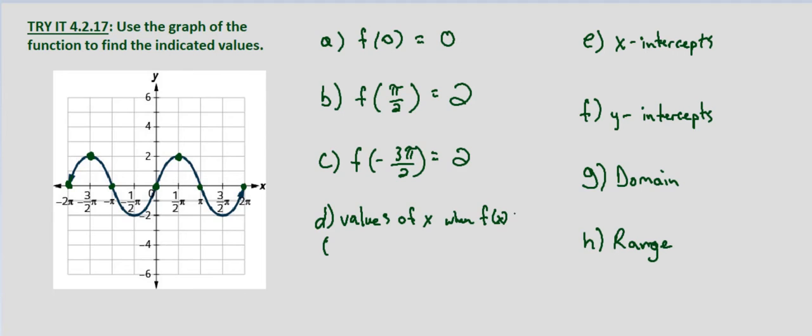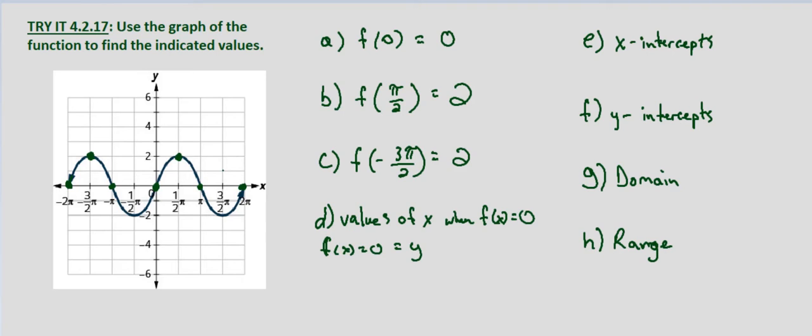Now, what are the values of x so that the function equals 0? Well, f of x equals 0 is the same thing as y equals 0. So where does this function equal 0 on our graph? It's at negative 2 pi, negative pi, 0, pi, and 2 pi.